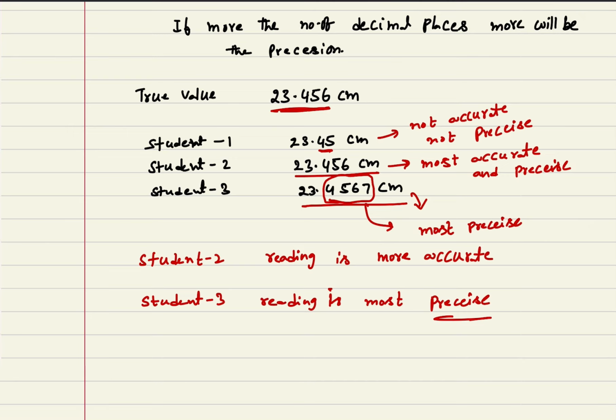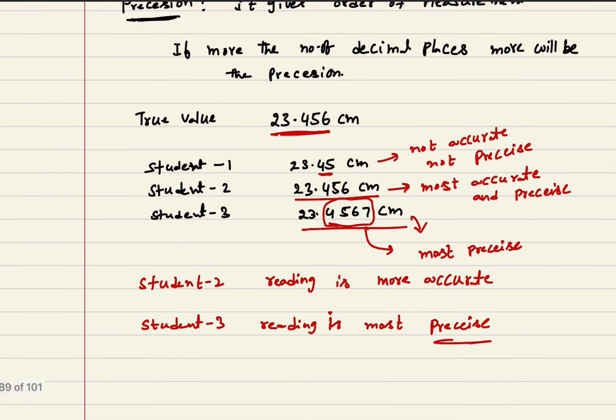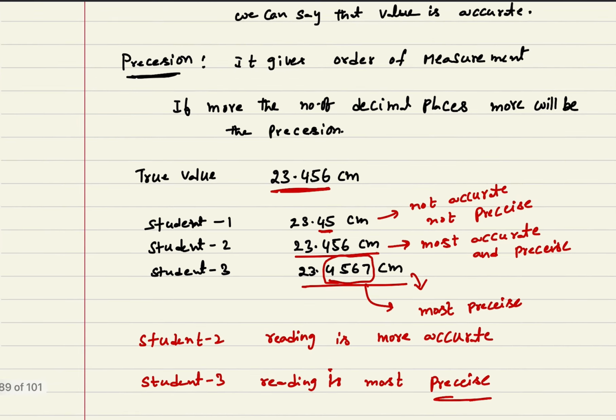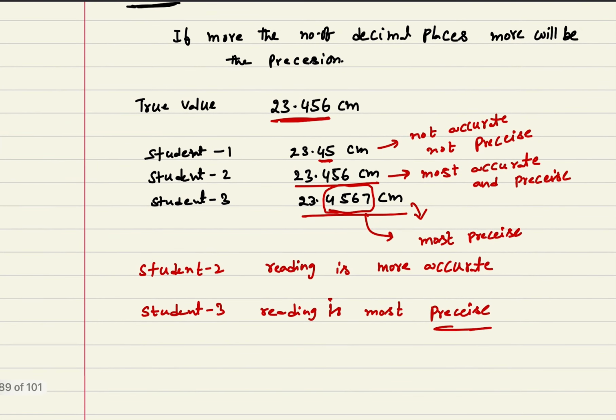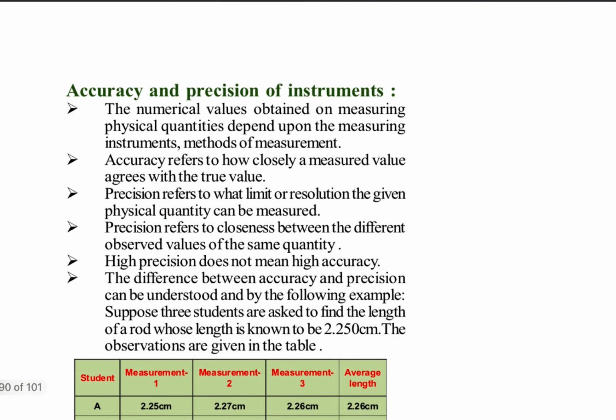The precision value is higher compared to student 1 and student 2. Whatever instrument student 3 used can give the most precise result. The limit of resolution is up to 4 decimal places.